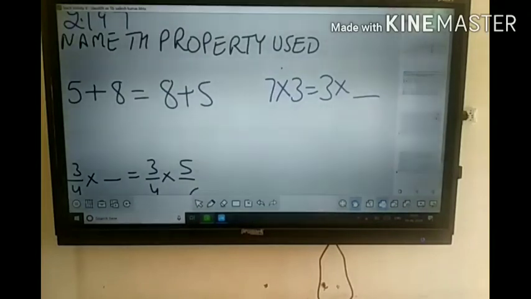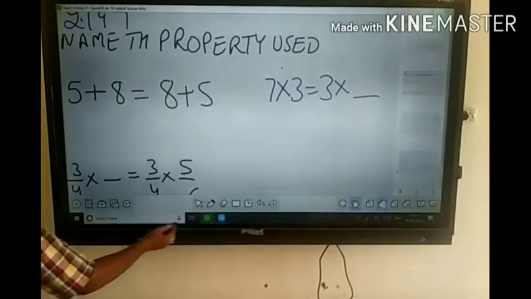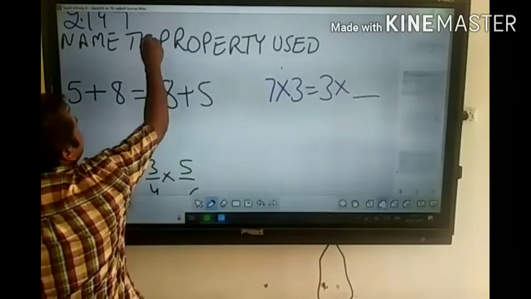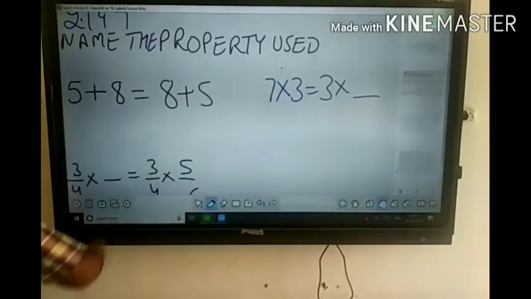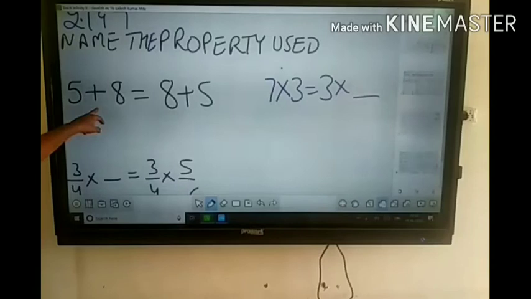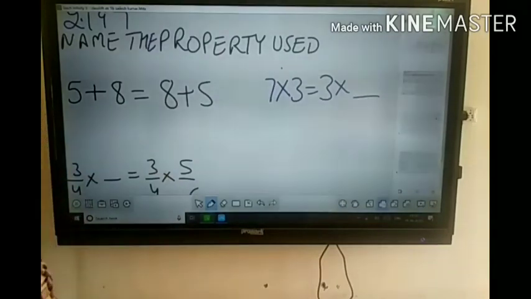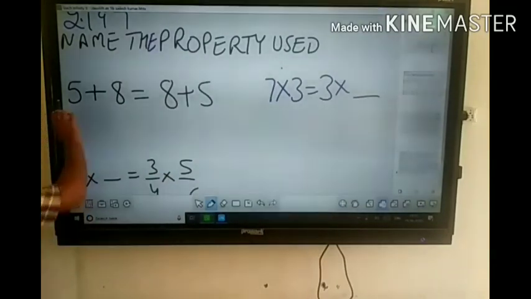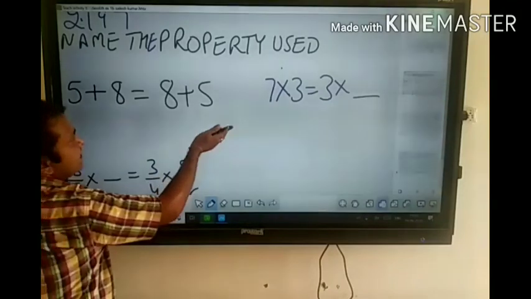Now in this video we will learn the name of the property used here. Name the property used here. Now this is 5 plus 8 is equal to 8 plus 5. What is this property? This is the commutative property where first plus second can be written as second plus first.